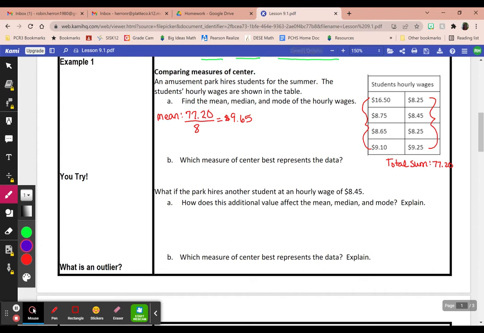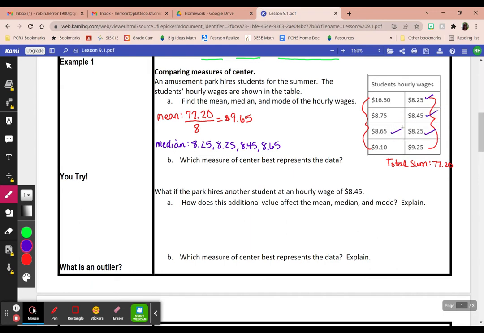Okay? Then we've got the median, right? And the median is when we put all of them in order from least to greatest and find the middle number. So in order, we would have 825, 825 again. And I always like to cross them off or give a little check mark when you use them so you know which ones you've gotten. 845, 865, right?